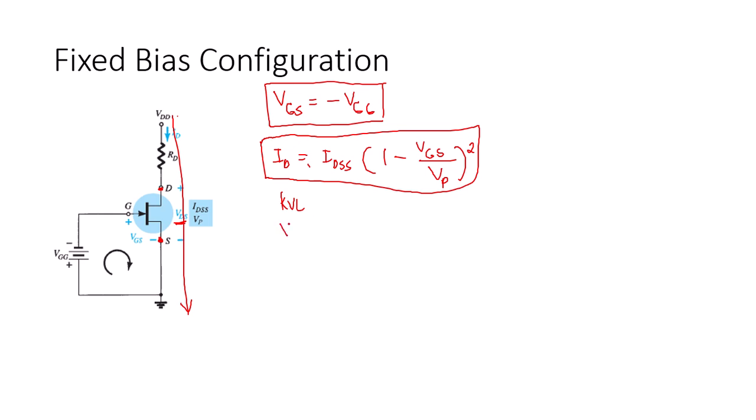So using KVL we have VDD minus ID RD minus VDS is equal to 0, giving us the value of VDS equal to VDD minus ID RD.